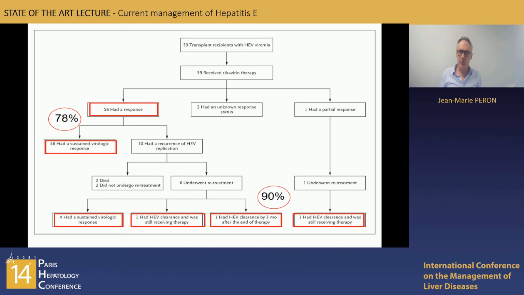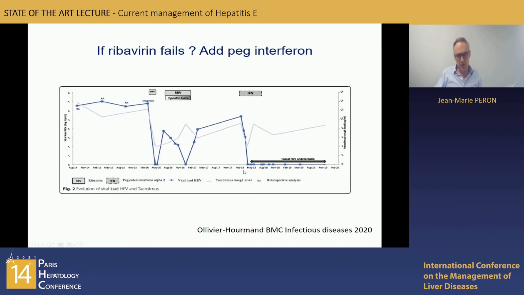Unfortunately, some patients relapse, or some patients will have resistance to ribavirin. And in these patients, you should try peg interferon. Now, you have to be very careful, especially in transplant patients, especially in renal transplant patients, because peg interferon can induce acute rejection. So you have to be really careful.